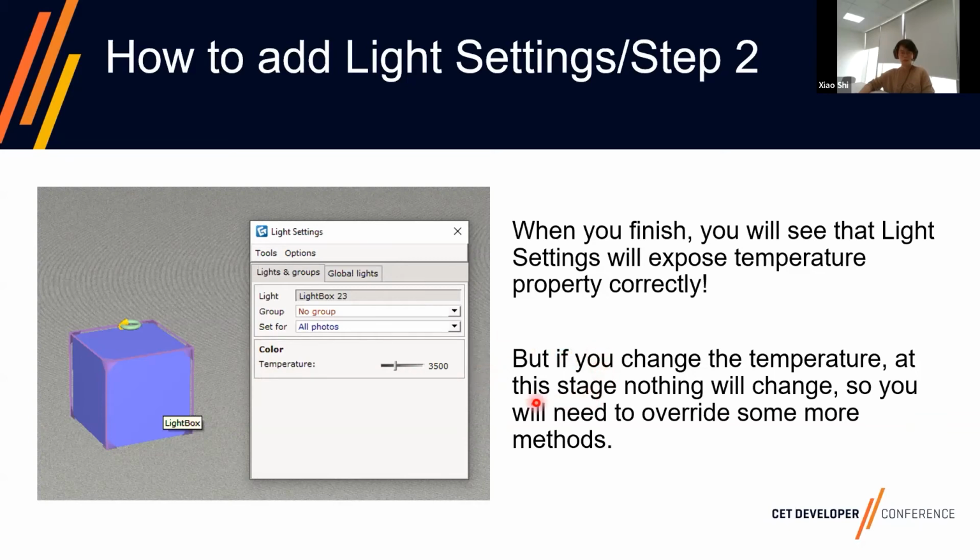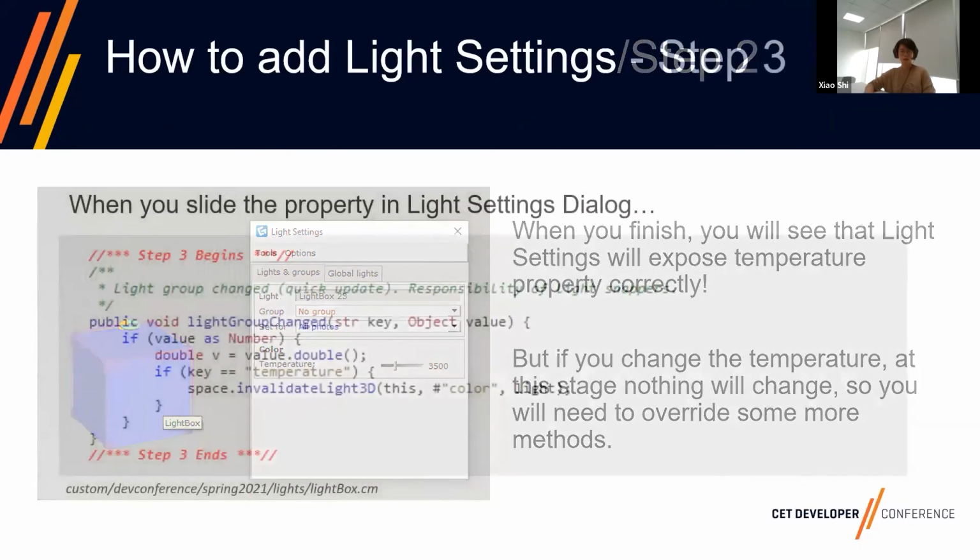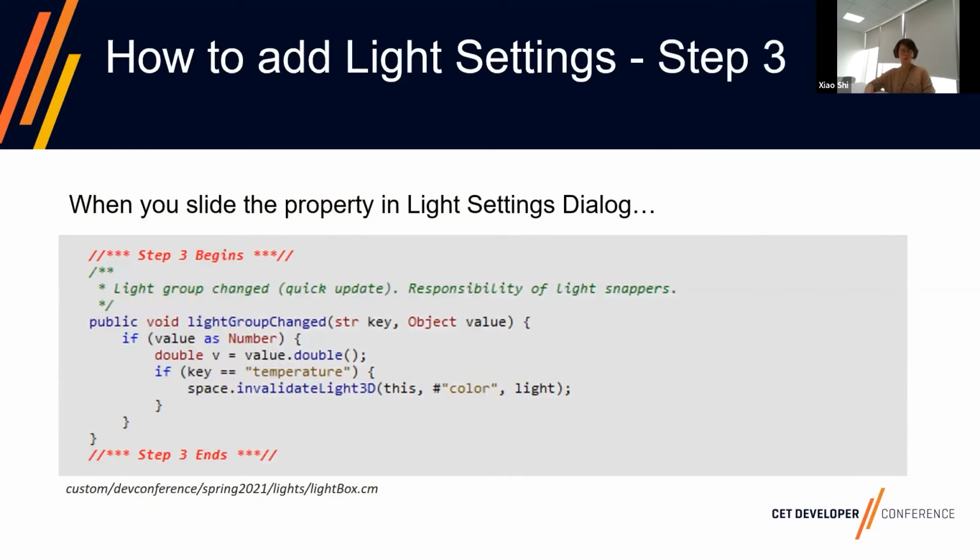But right now, if you slide this, nothing will change. Why? Because you didn't do the update yet. When you change anything in the light group dialog, it will call light group changed, and it will pass in a key and a value.